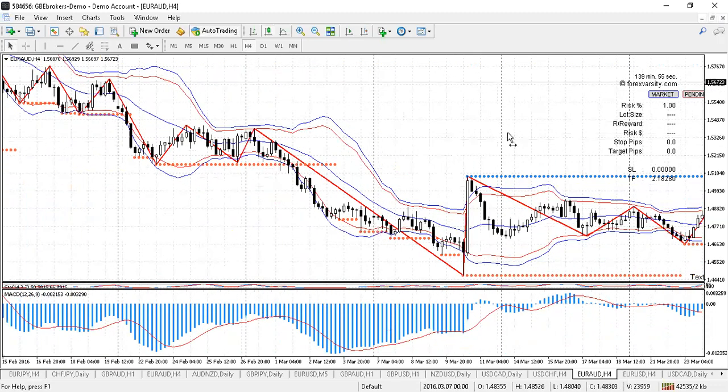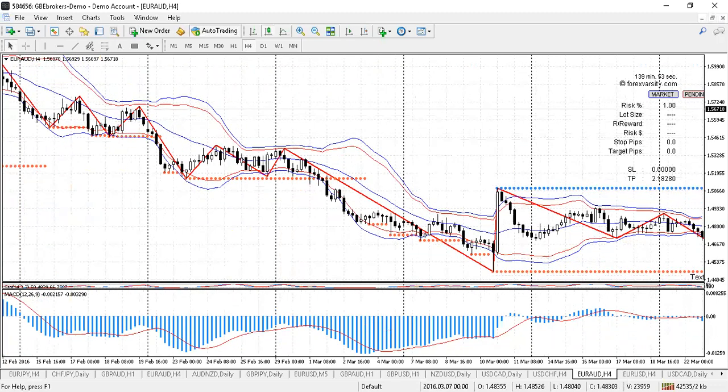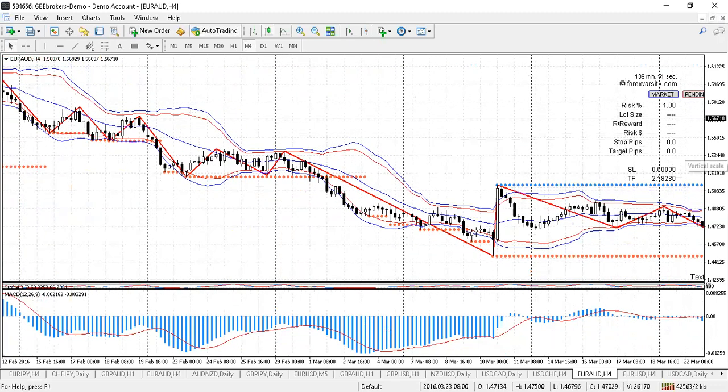Probably the most powerful points of divergence are going to be at the corners of your zigzags. But sometimes if you see the MACD cloud coming and bumping down like this and then giving a smaller bump here, then you can also look for points in between the zigzags.